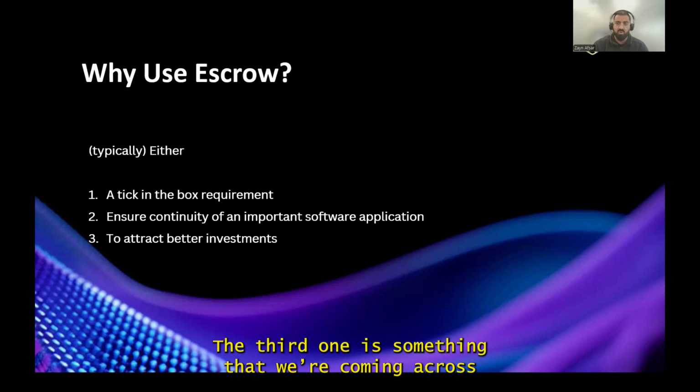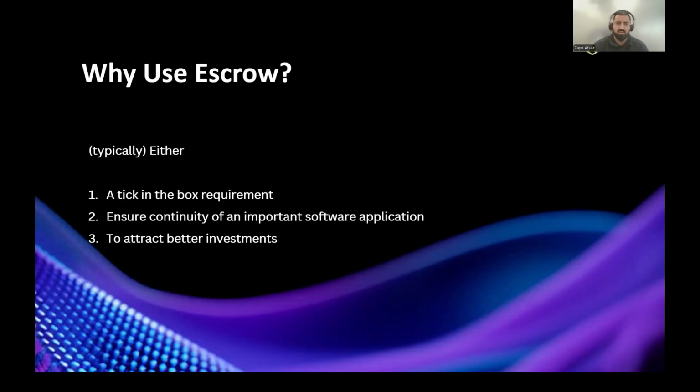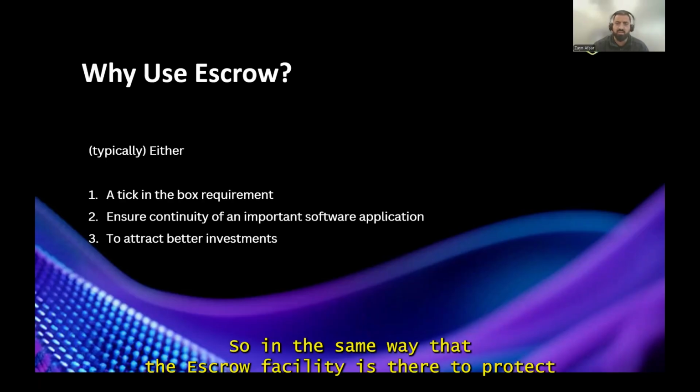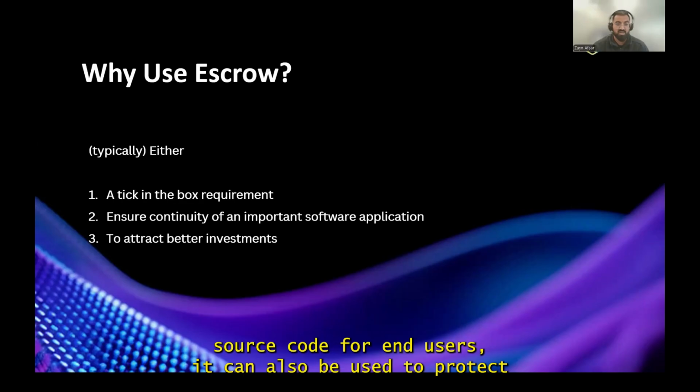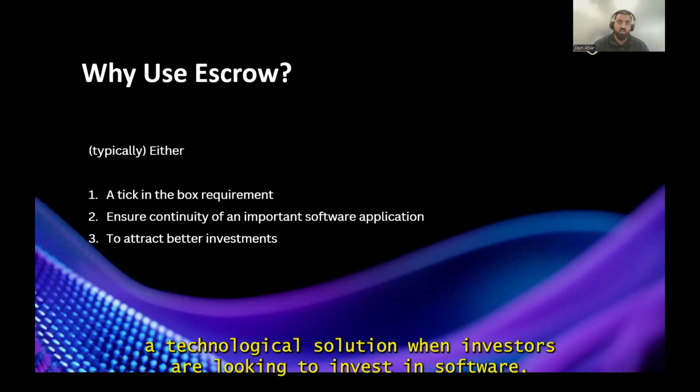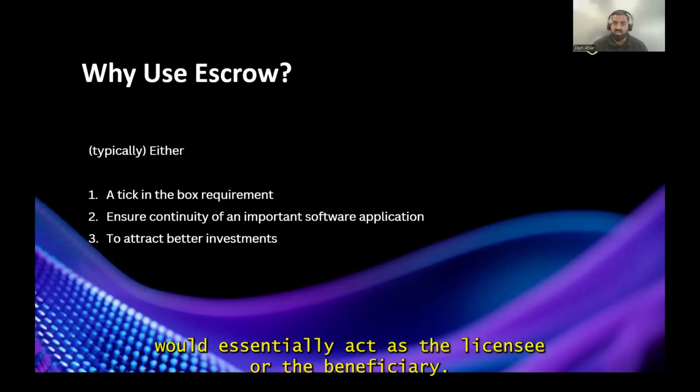The third one is something that we're coming across more often as of late, and that's to attract better investment. So in the same way that the escrow facility is there to protect source code for end users, it can also be used to protect technological solutions when investors are looking to invest in software. So in this particular scenario, the investor would essentially act as the licensee or the beneficiary.